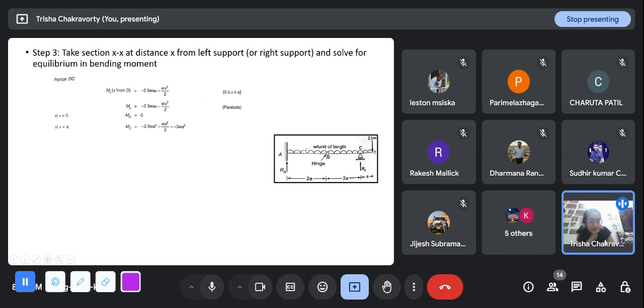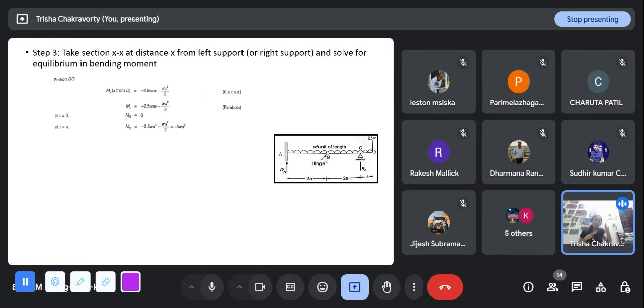Okay, so you will firstly name that point something, and you will take the sections xx that we are taking at each of these zones, we will treat that as a special point. So suppose there was not a hinge here, there was a concentrated moment here. So I will take DC in the same way, then CB I'm going to take in the same way, and then when I come to B, I know there will be a jump in the bending moment diagram.